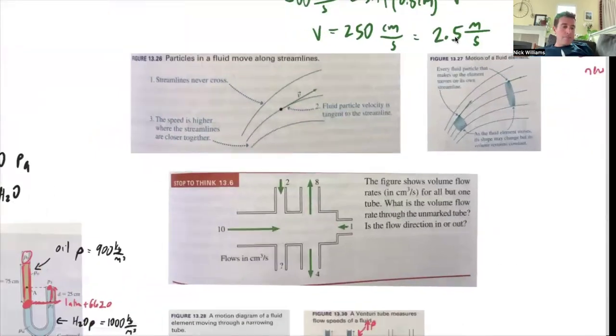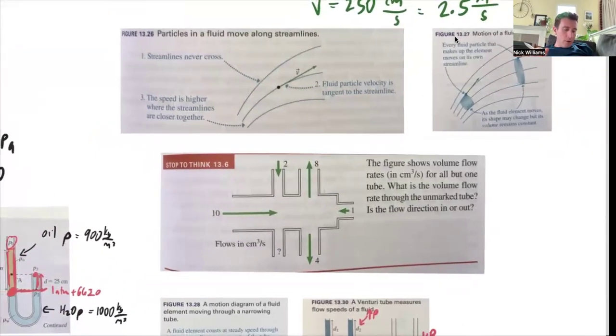Now we can look at how particles in a fluid move along streamlines. As something is moving, it's going to follow a consistent flow pattern. Streamlines are never going to cross. The fluid particle velocity is going to be tangent to the streamline, so I've got that green arrow.